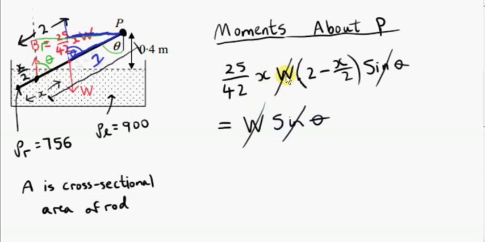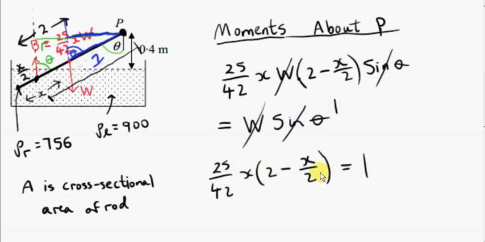W is a common term. And now you see we are just left with an equation in x. So we've divided the right hand side by W sine theta. That's going to give us 1. So we have 1 on the right hand side. On the left hand side we have 25 over 42 times x into 2 minus x over 2. And on the right hand side we have 1.